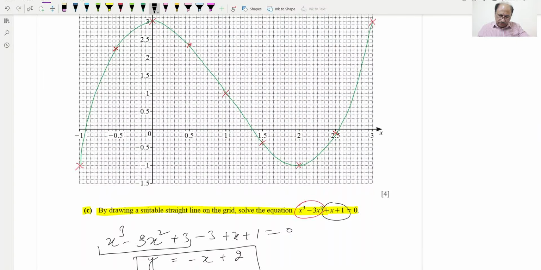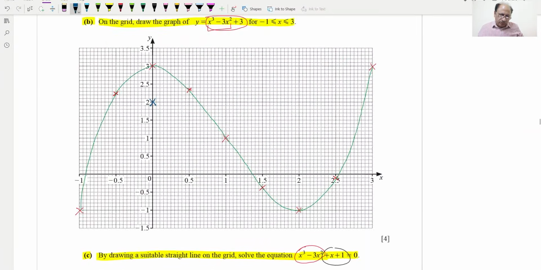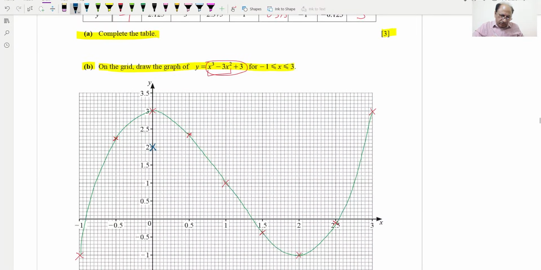This is basically the equation which we'll be drawing. Y-intercept is 2 and the gradient is 1. So y-intercept 2 we are going to draw first. The gradient is minus 1, I think. So yes, minus 1. So 1 unit down and 1 unit to the right.